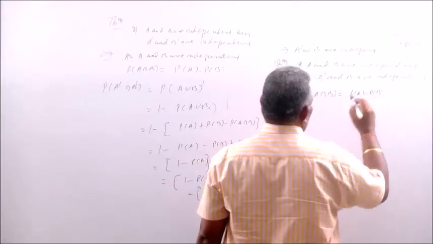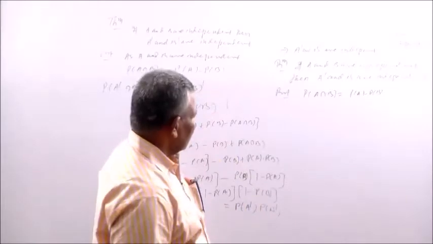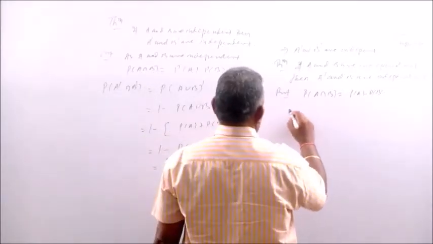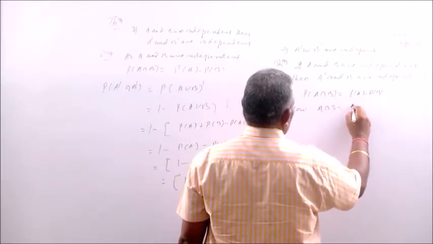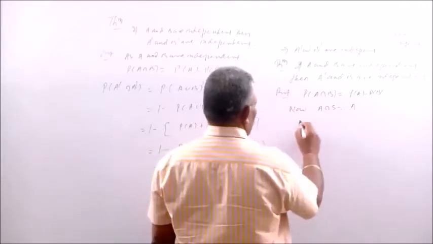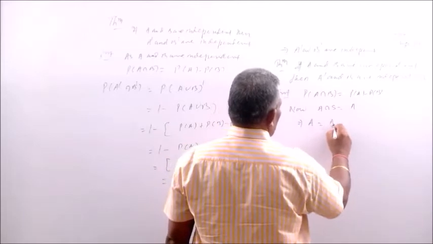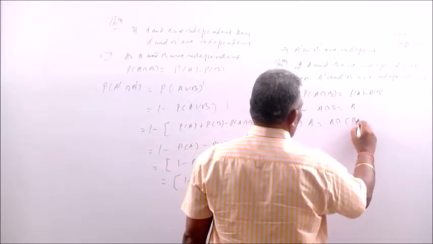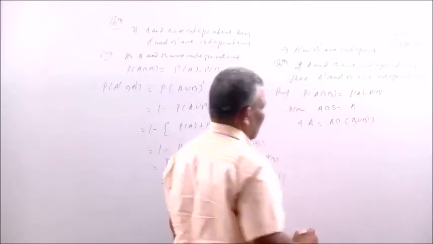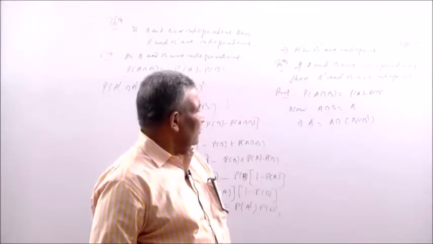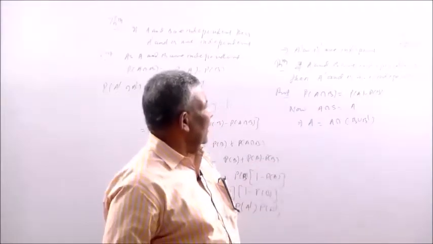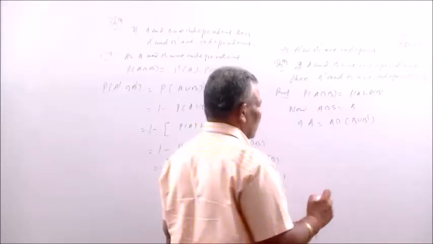This is the given hypothesis. Now A intersection S equals A. That implies A can be written as A intersection (B union B dash). Here S is the sample space. A and B are subsets of the sample space S.